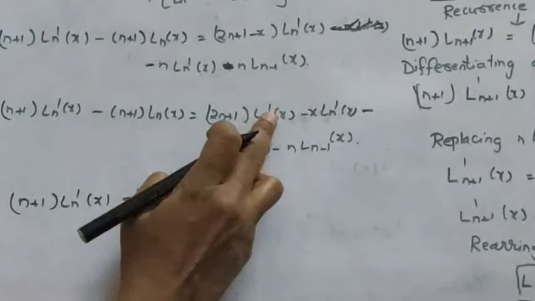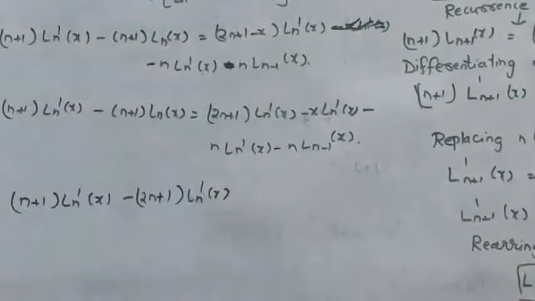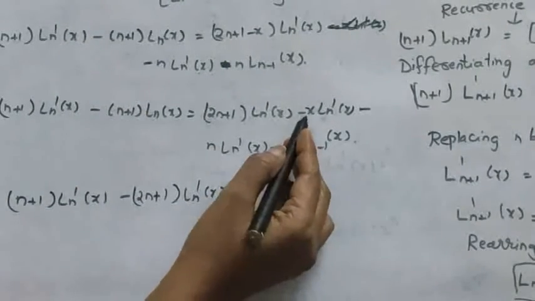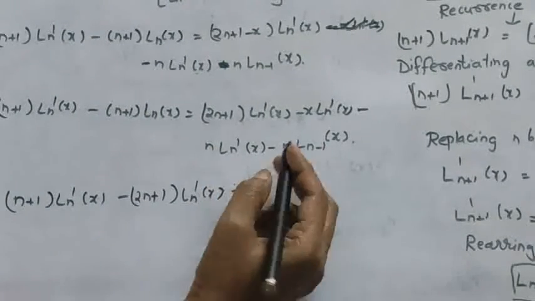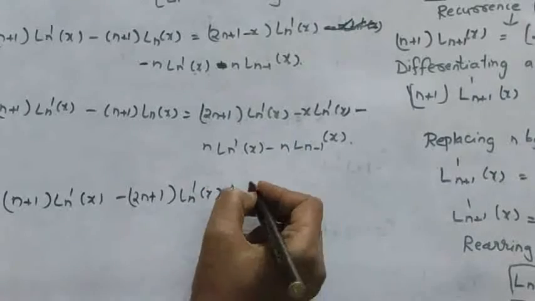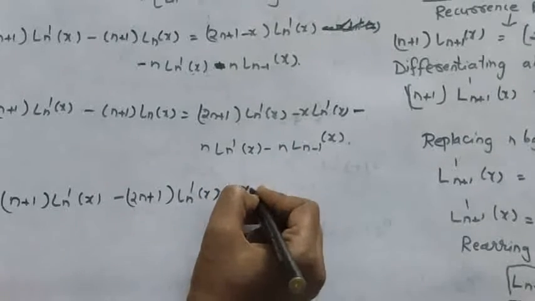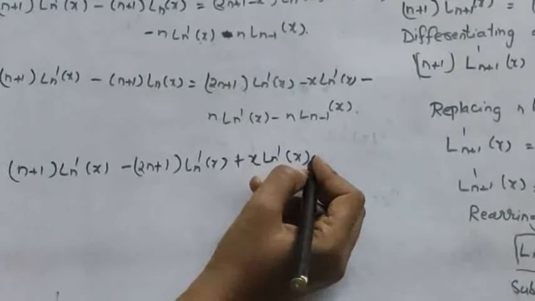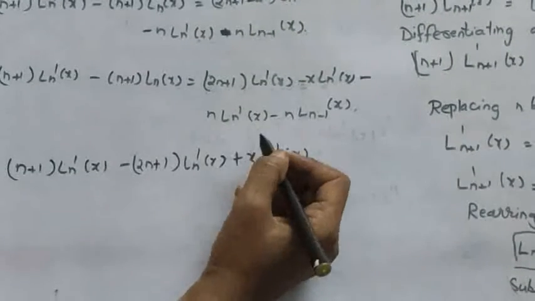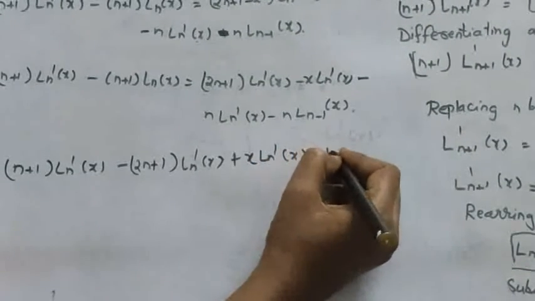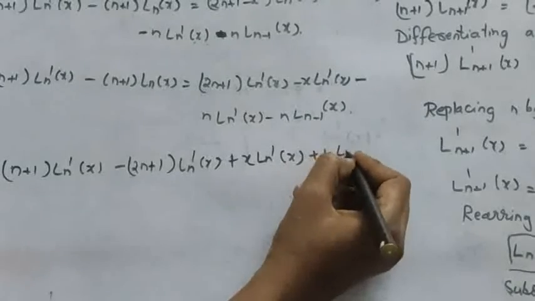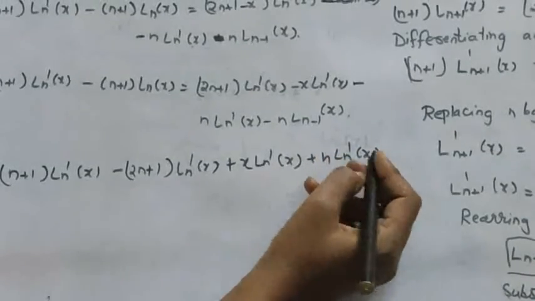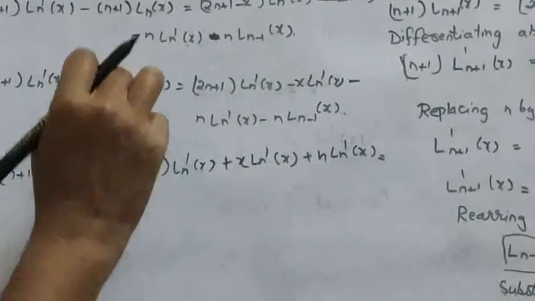Because why we are bringing? In order to take ln dash of x as common. And as it is a minus term, if you bring to the LHS it becomes plus term, so plus x ln dash of x. And as it is a minus term it becomes plus term, so plus n ln dash of x is equal to, I am bringing this term to the RHS now.